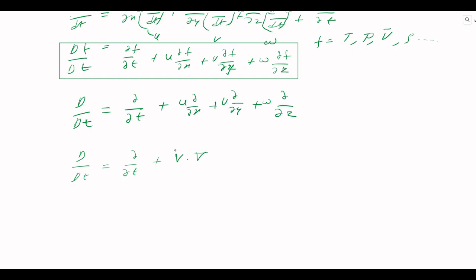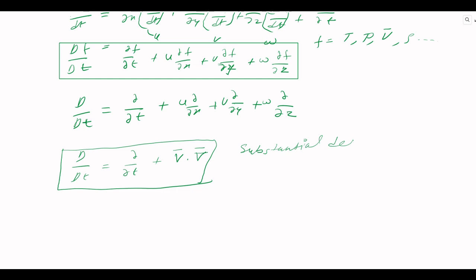This is the velocity, and this is the del operator, in vector form. So this is the material derivative in vector form, or substantial derivative.